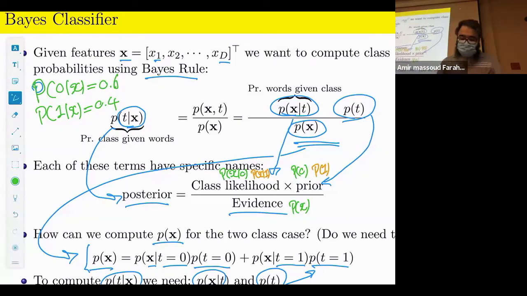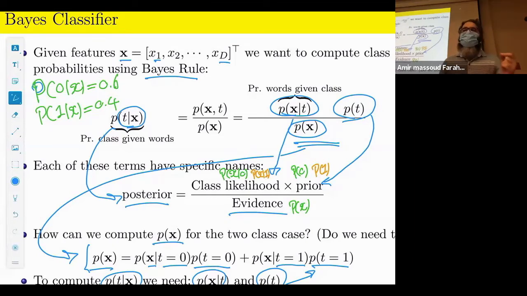Right. So the question is what the evidence and the prior are in a practical situation. The prior is maybe easier to explain. For the spam case, the prior would be the probability that an email you receive is spam or non-spam. Say 80% of the emails that come to your mail server are spam, then P of T would be 0.80.